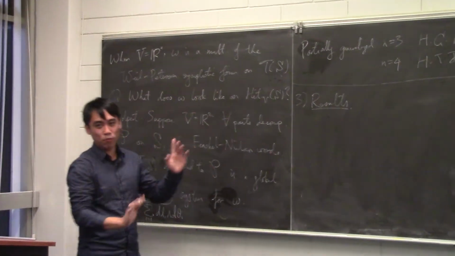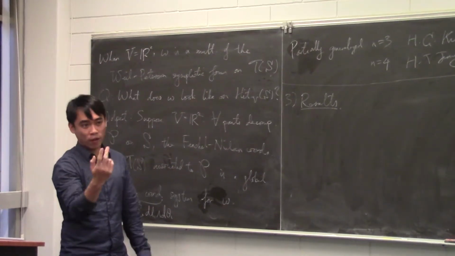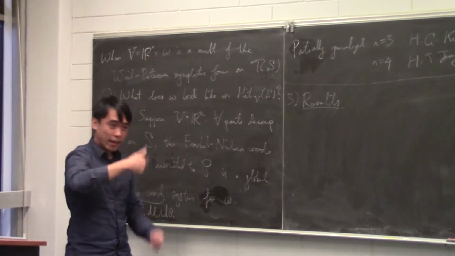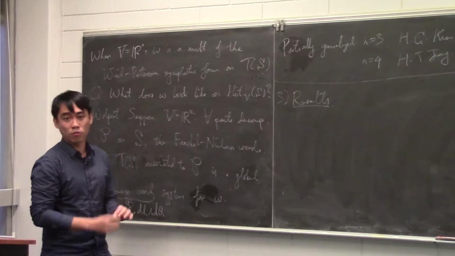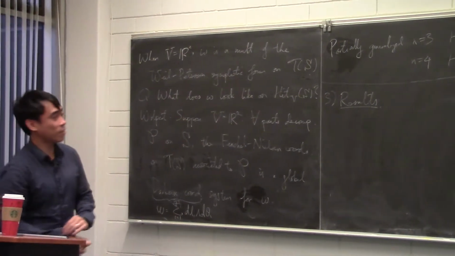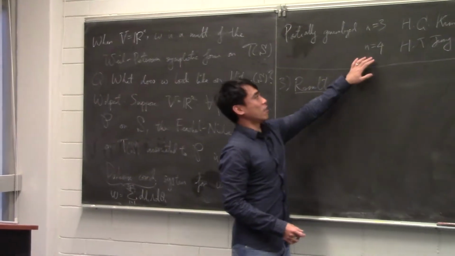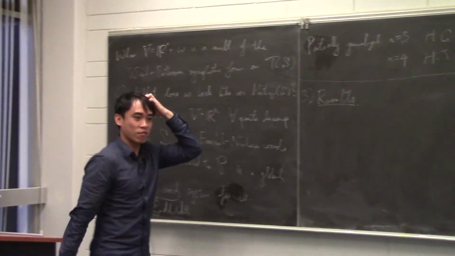But he did not compute the Poisson pairings between the functions associated with the pair of pants and the functions associated with the curves. So that's why I say partially generalized. And I think in the n equals 4 case, Tengren Zhang has some way to fix the n equals 3 case, but I'm not really sure what it was.